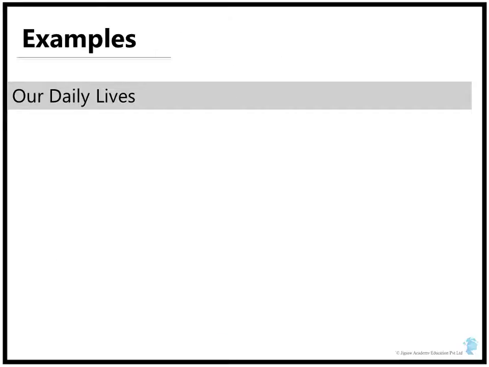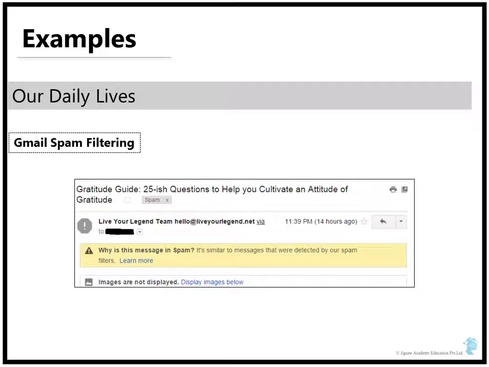A few examples of machine learning that we are part of in our day-to-day lives: you would have already noticed that Google can mark certain emails as spam. Spam filtering is one of the many cases where machine learning has been extremely helpful in achieving really good results.